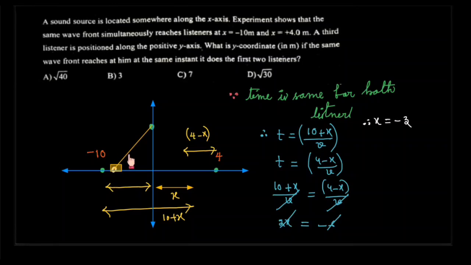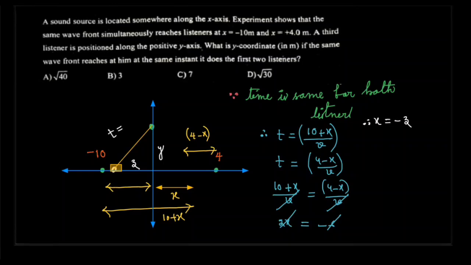We don't know this distance, call it y. Now again this time is the same, right? The time is the same here. How to calculate that time here?